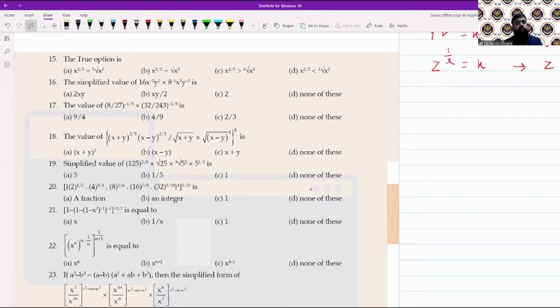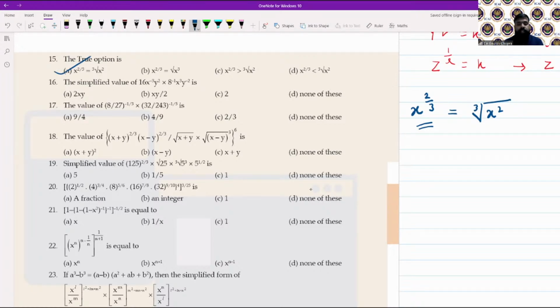First option is x to the power of 2 by 3. On the other side, we have x square and then cube root of x square. So the meaning of both of them is the same. We can write cube root of x square as x to the power of 2 by 3. So of course option number A is correct.